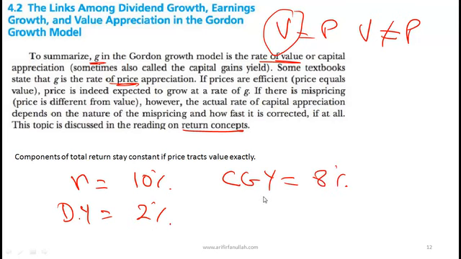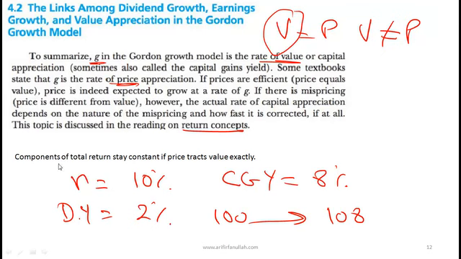So as the stock pays dividends year in, year out, one year from today, what will the stock price be, assuming efficient markets and no mispricing? If initially the stock price is 100, after one year it will be 108. Now one year later, assuming the dividend yield is still 2%, the capital gain yield will be 8%.